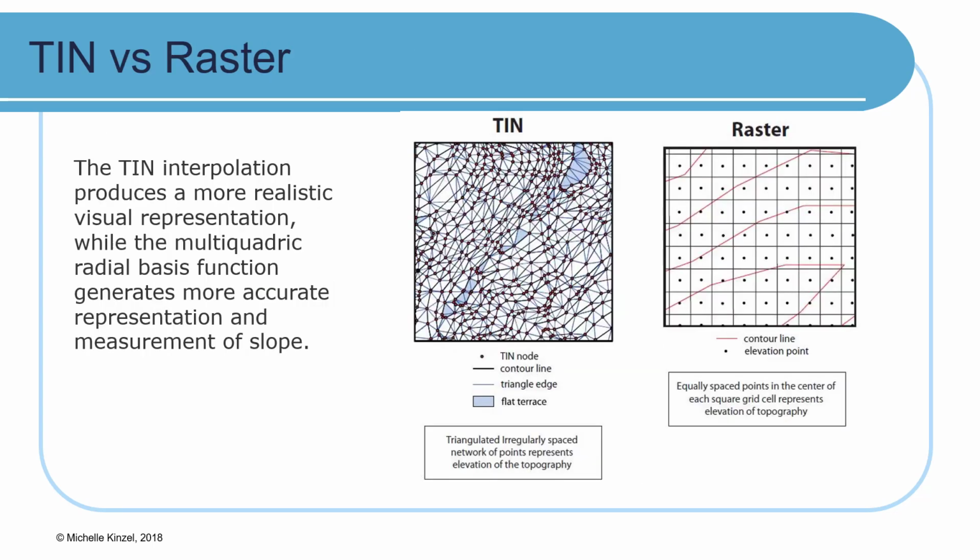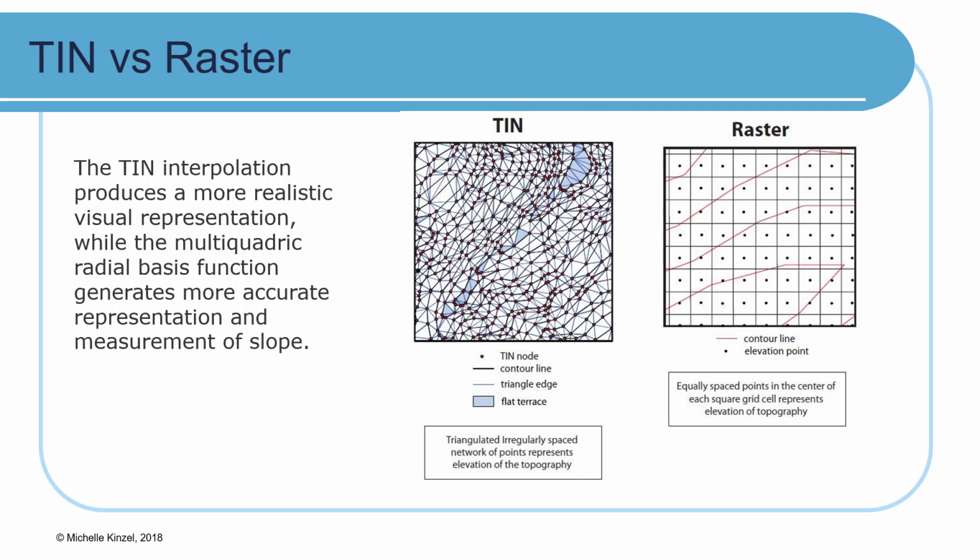So TIN versus raster. Well, a TIN actually produces a more realistic visual representation, and the multi-quadratic radial basis function generates more accurate representation and measurement of slope than a raster.